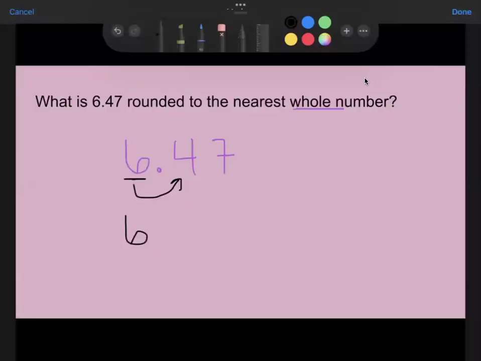Once the 4 has decided what's going to happen to the 6, everything to the right of that place value will become zeros. The decimal will stay, but these will become zeros. If you want to eliminate unneeded decimals, you could just rewrite that as 6. So 6.47 rounded to the nearest whole number would be 6.